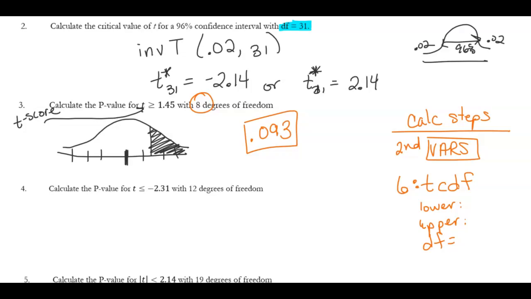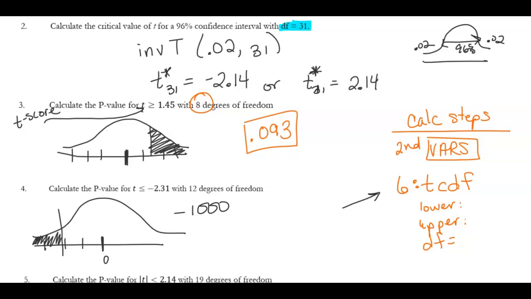Okay, so now we're going to do the same idea here. Let's change colors again. So, again, that's my t-score. So I'm at 0, and then I'm 1, 2, 3, and I'm negative 2.3 standard deviations away, which is over there somewhere. And so again, I'm going to do this right here. Second vars, number 6. My lower for this one now is a negative, maybe 1,000.